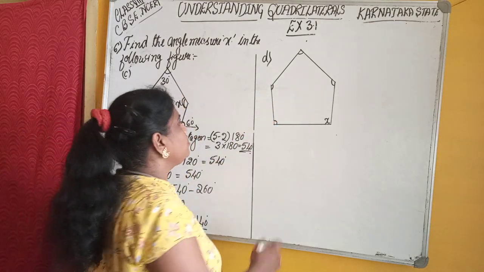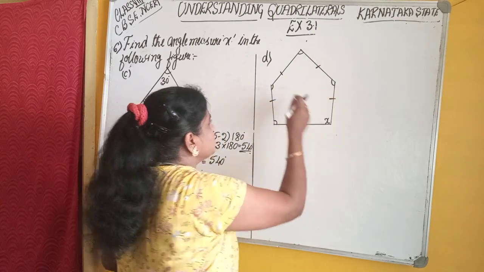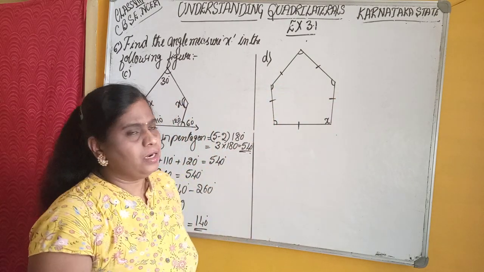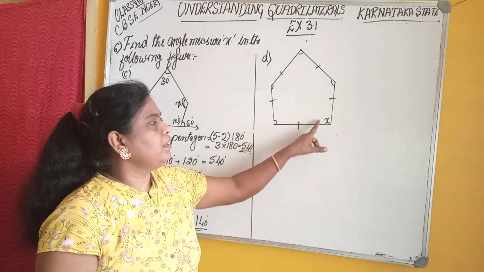Here also a pentagon is given, but it is a regular pentagon, which means all the sides are equal and also all the angles in this are equal, and we have to find the value of x.